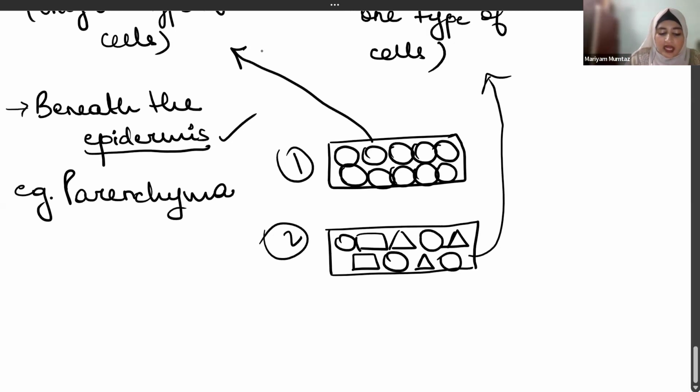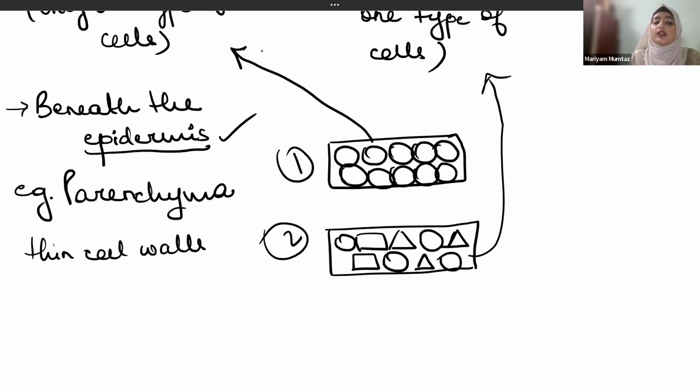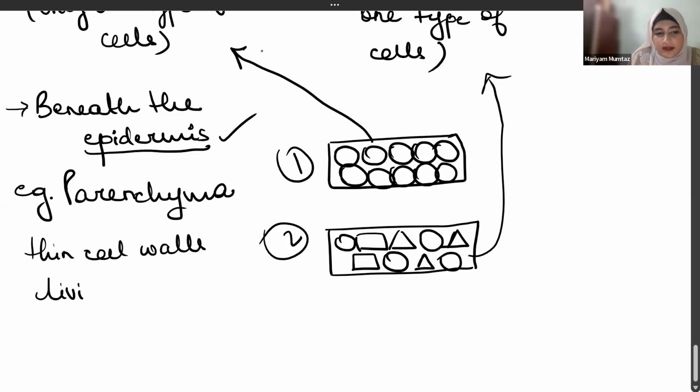Yes, very good. Now let us talk about what the cells inside do. First of all, thin cell walls are there. For all the cells of the simple permanent tissue, the cell walls are thin. Now these are living cells, meaning protoplasm is present.